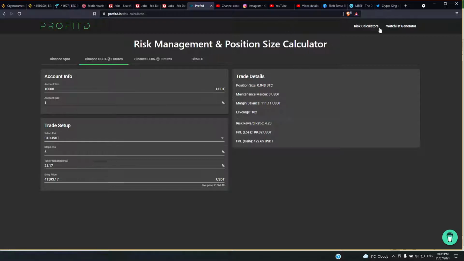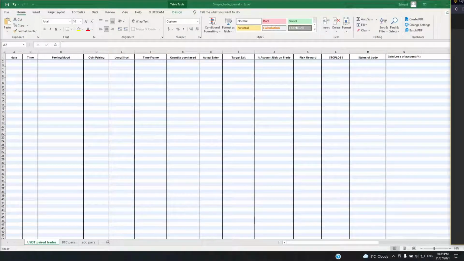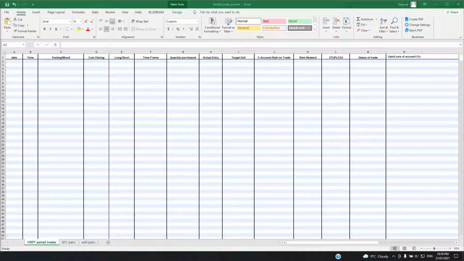Okay, so I'll just move this up here. So the date of that trade was 6th of June. The time it was taken, if it was daily, would probably have been 10 a.m.